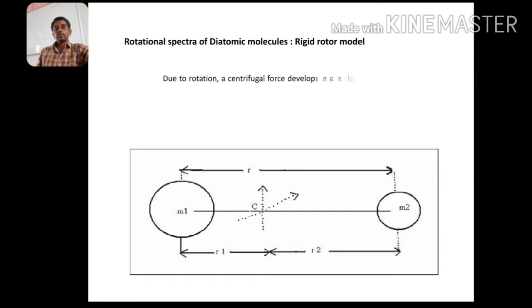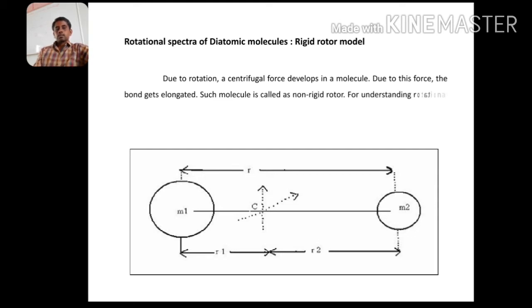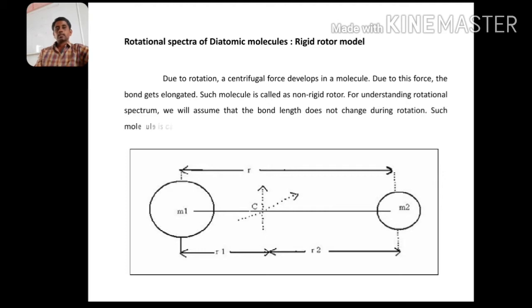A centrifugal force develops in a molecule. Centrifugal force means a force that extends from the center. Due to this force, the bond gets elongated. Means the bond is elastic and the bond gets elongated. Such a molecule is called a non-rigid rotator.